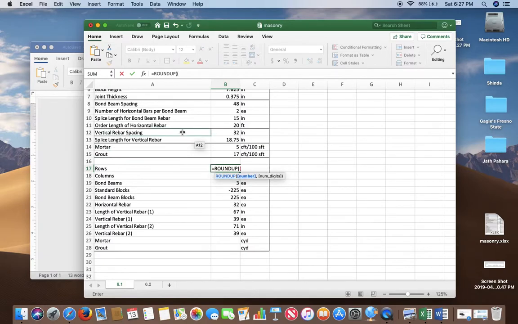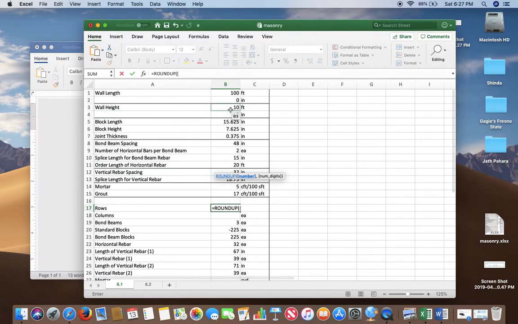Now you're going to select your B3 times 12. Shift will give you the multiplication, and then your 12 inches. And then you'll add your B4. Well, in our case, it's 0.